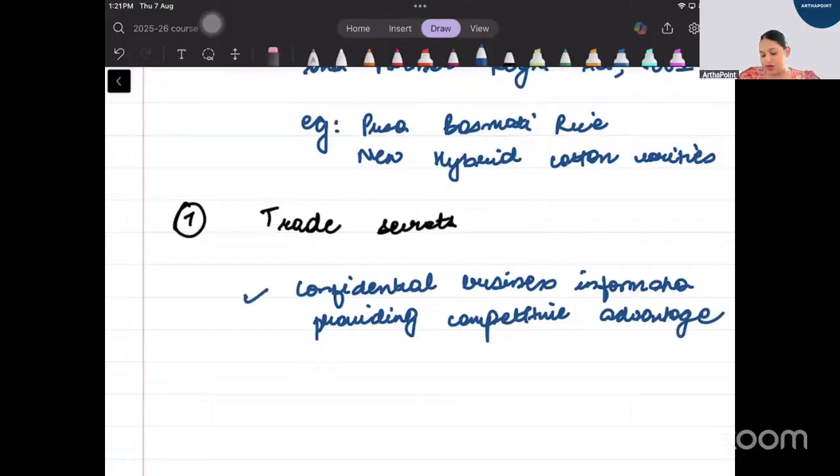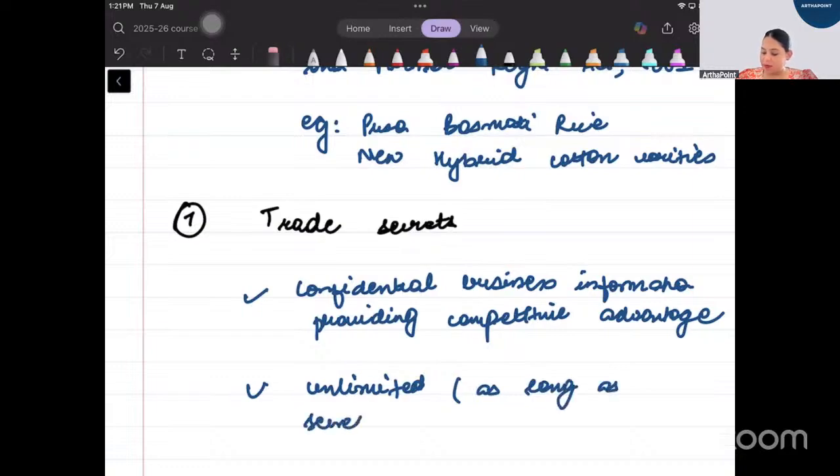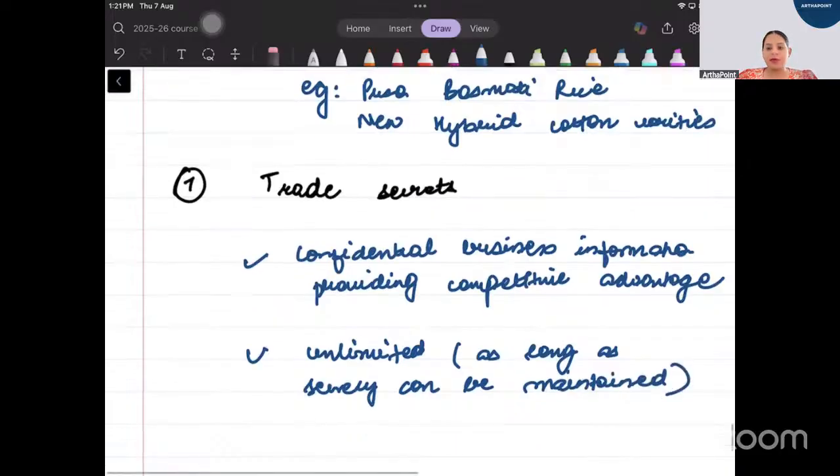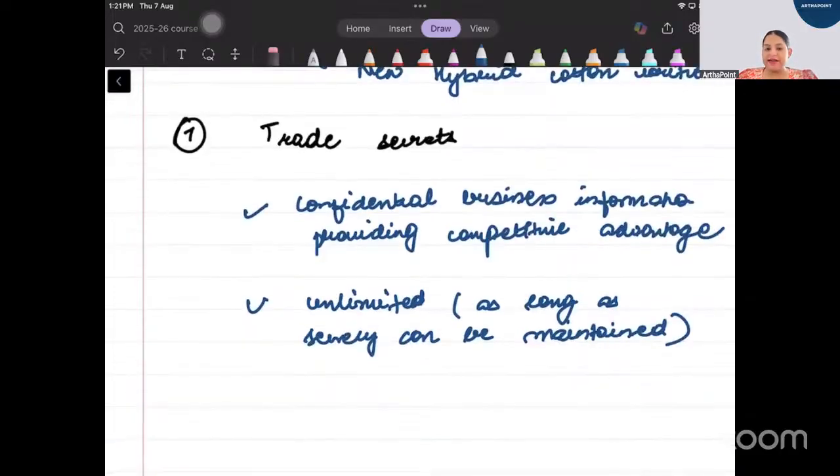So the time period is unlimited because it is your secret. No one knows it, right? As long as secrecy can be maintained, right? And there is no specific act for it because it's a secret. As long as you maintain the secret, it remains a secret.